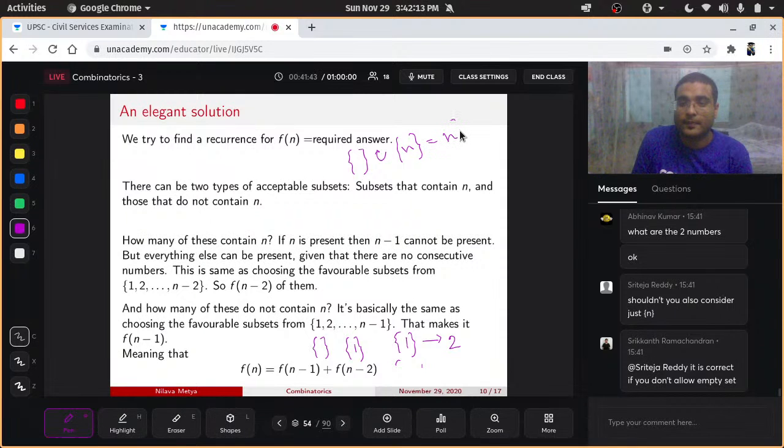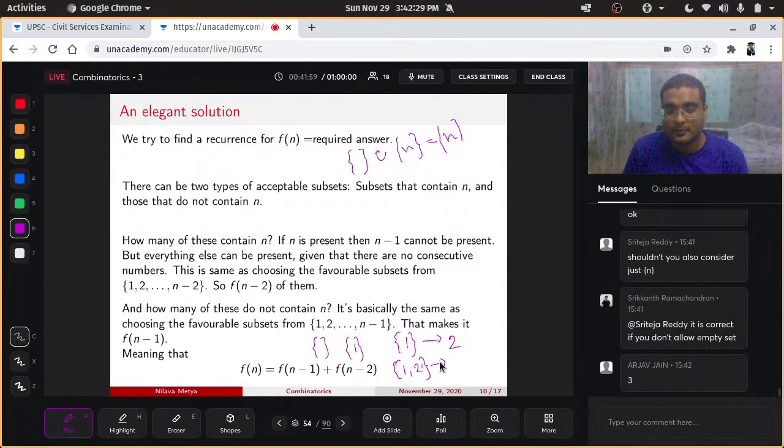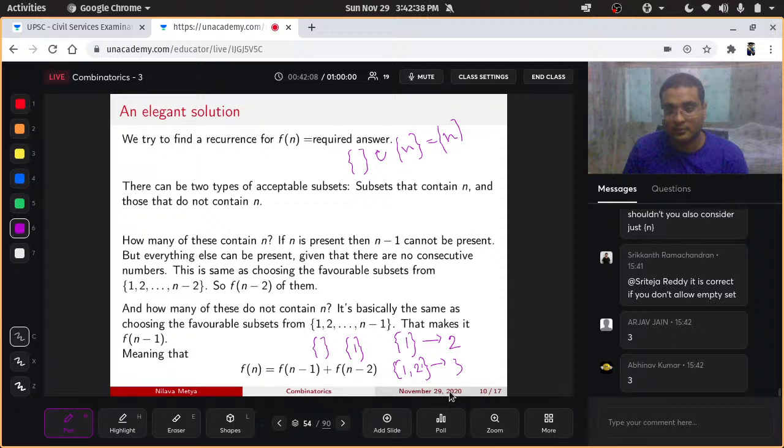I am allowing the empty set. And if I have 1, 2, how many sets are there? You can either have the empty set, or 1, or 2. So there are 3 of them. And now this continues as Fibonacci: 2, 3, and then 5, 8, etc.